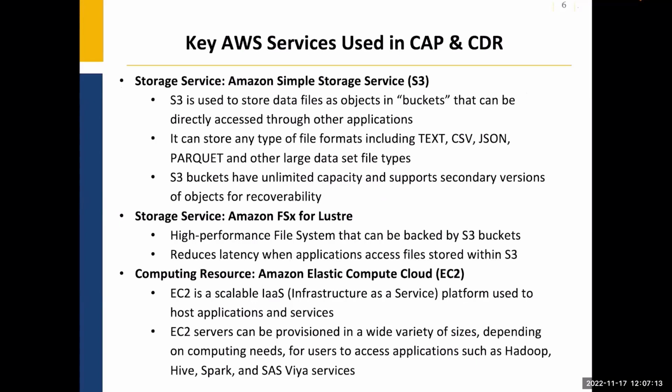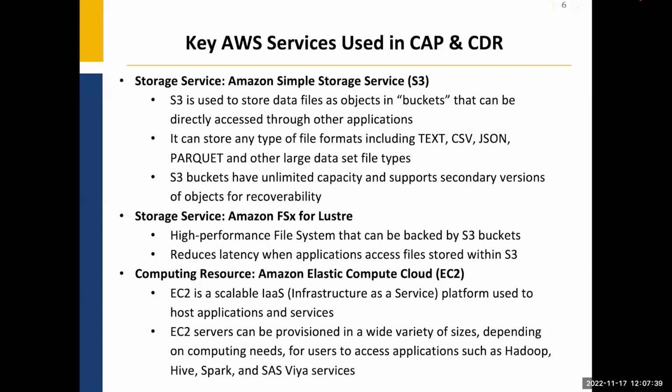So this next slide highlights a couple of the key services that we use within CAP and CDR today. The first of which is a storage service called Amazon Simple Storage Service, otherwise also known as S3. So S3 is used to store data objects within buckets that can be directly accessed through other applications.